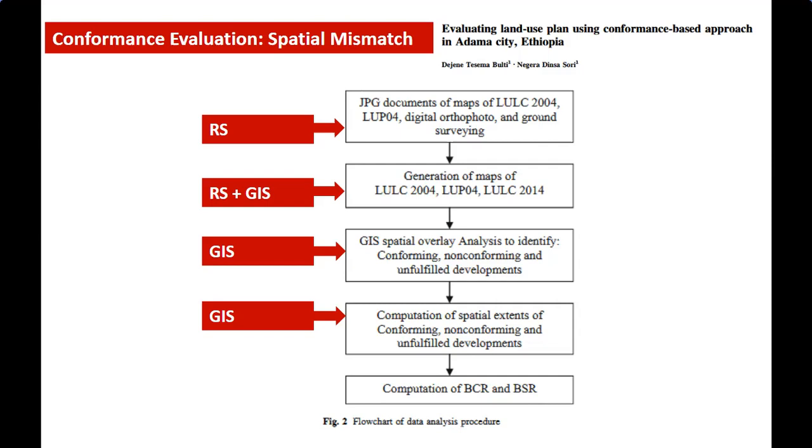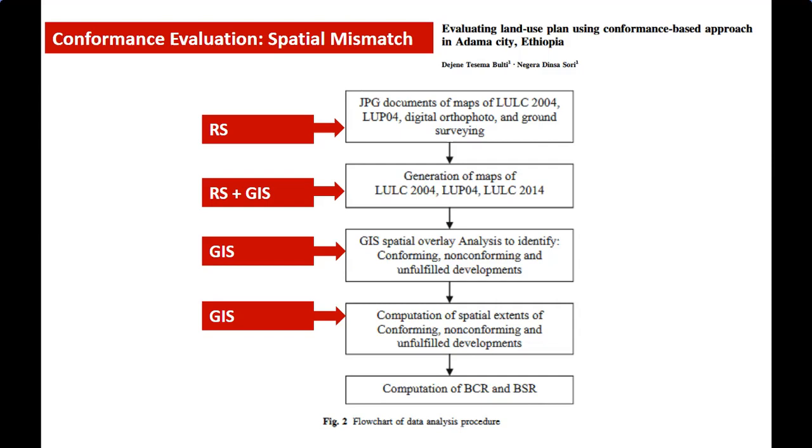And to get the latest existing land use, usually we need satellite imagery. So the raw data is satellite imagery. And then from satellite imagery, we process it through remote sensing methods to get the shapefile, the data that is ready to be overlaid, ready to be analyzed in GIS.